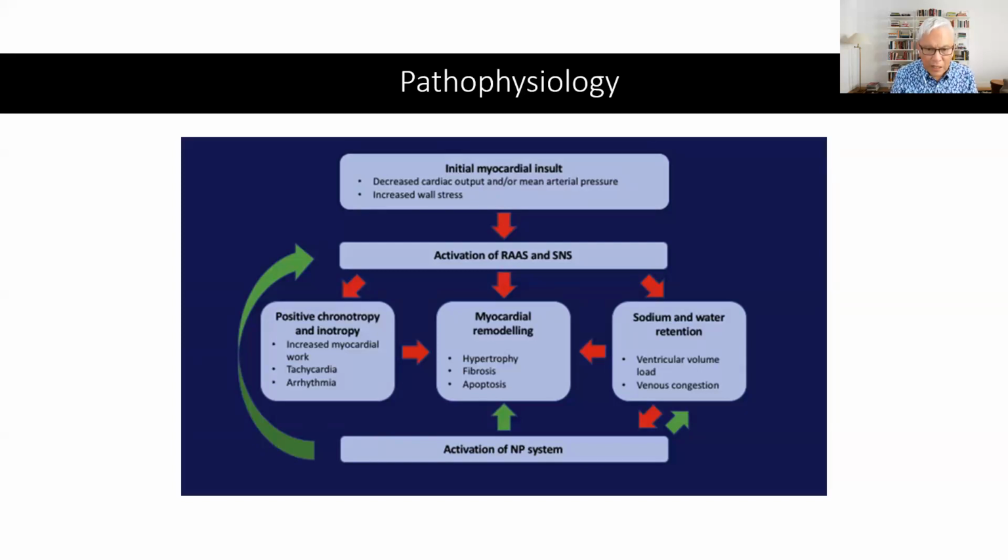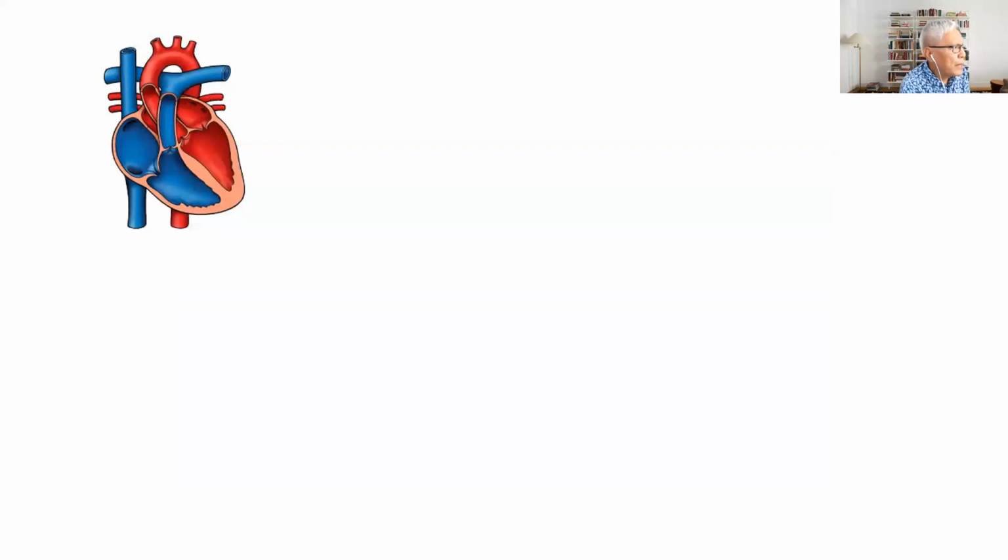So let's go to the pathophysiology of heart failure. Let me just go to my drawings over here. Whenever we have heart failure, there are two types: one of them is called systolic heart failure, and the other is known as diastolic heart failure. How do they differ?